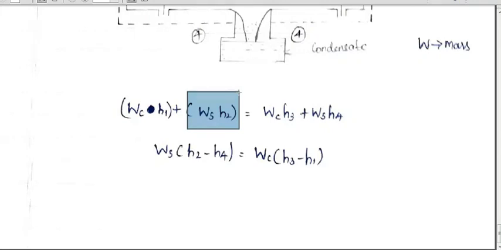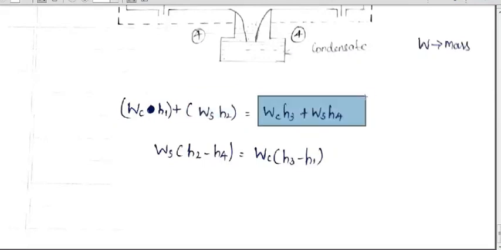This is equal to the energy leaving the system, that is the cooling water outlet and steam outlet. In the outlet we have denoted 3 and 4, so we can write WcH3 plus WsH4. Now I am going to rearrange this equation.